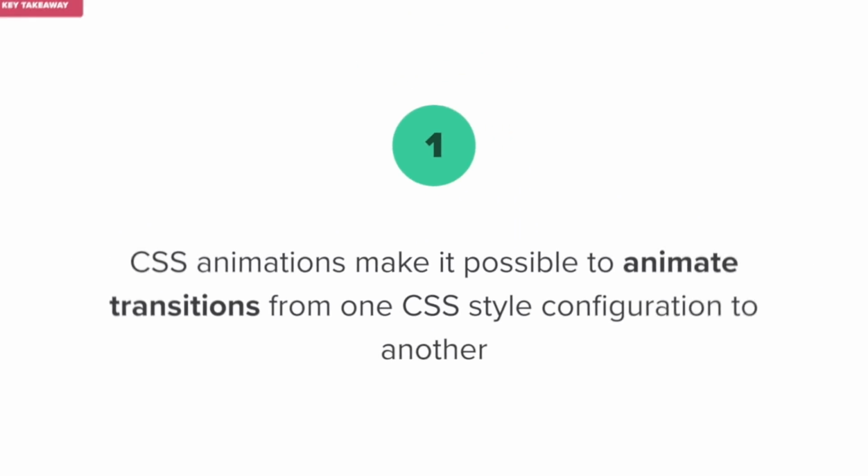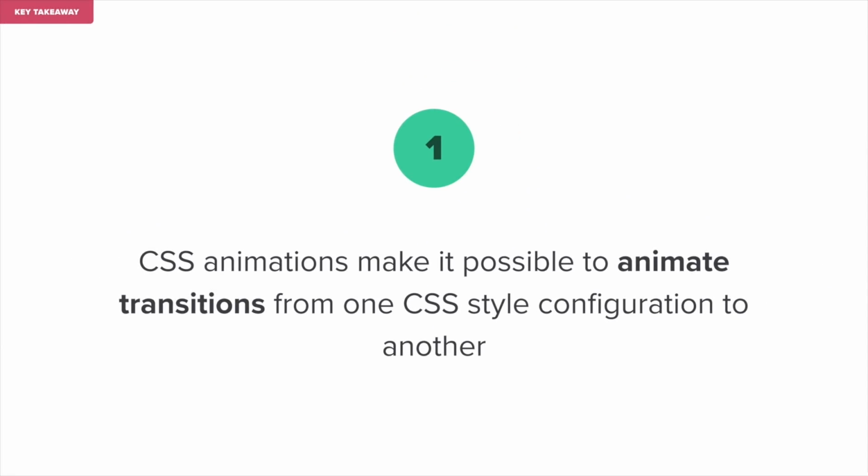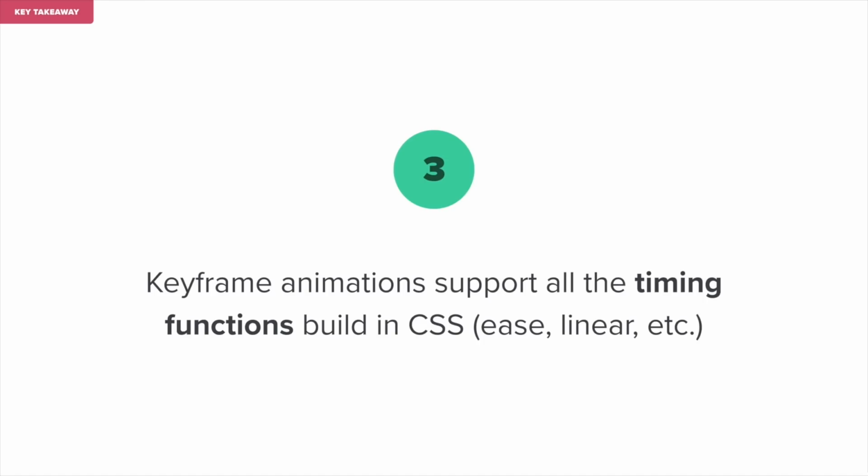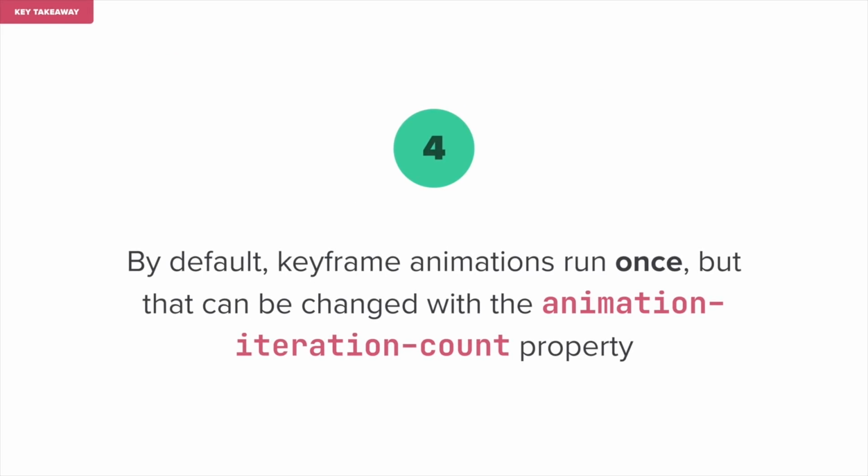All right, time for some key takeaways. CSS animations make it possible to animate transitions from one CSS style configuration to another. Animations are reusable and can be added to specific selectors with the animation property. Keyframe animations support all the timing functions built in CSS: ease, linear, etc. By default, keyframe animations run once, but that can be changed with the animation iteration count property.